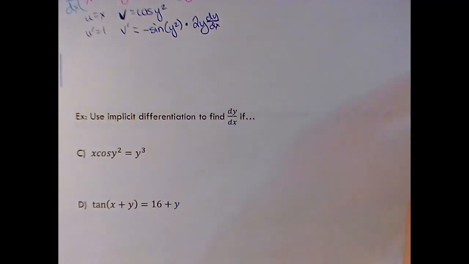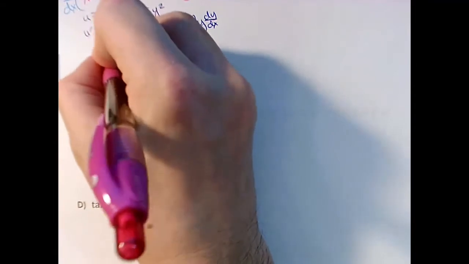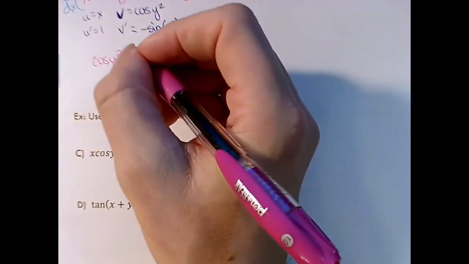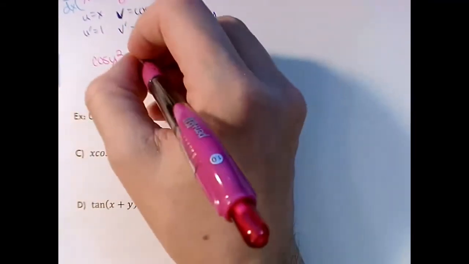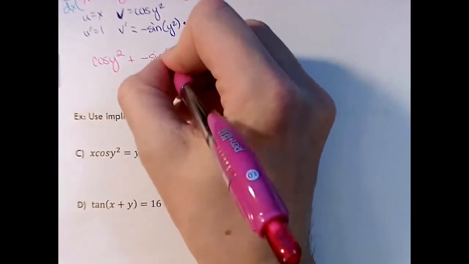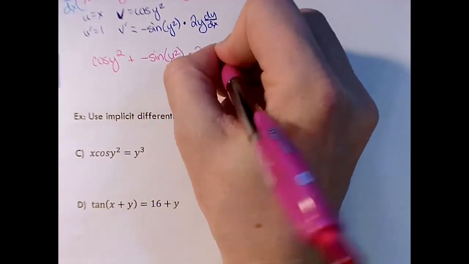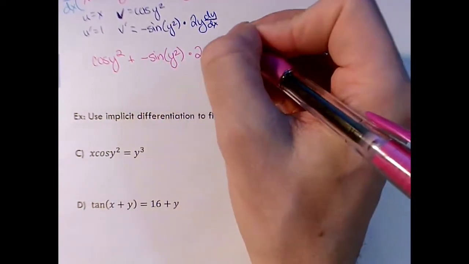So the entire left side becomes u prime v, cos of y squared, plus v prime u. So plus negative sine, and I know it looks sloppy, but I'll fix it in a little bit, sine y squared times 2y dy/dx. That's just the v prime times u, which is just x.